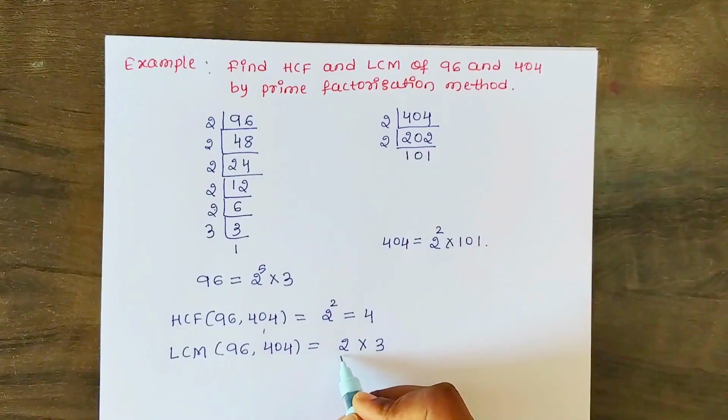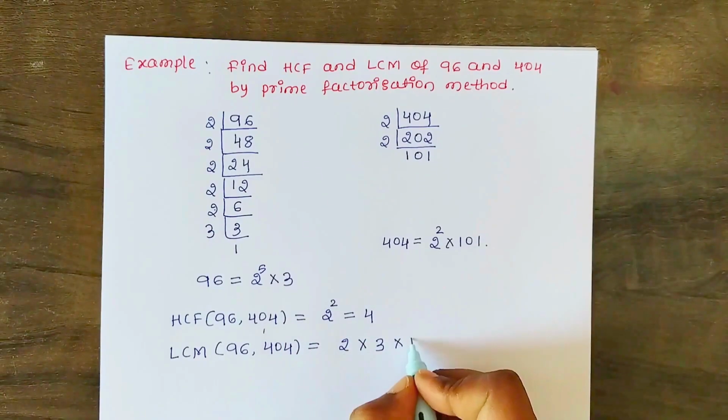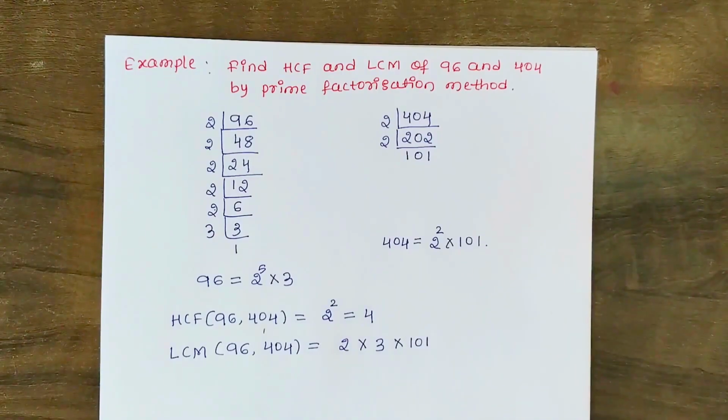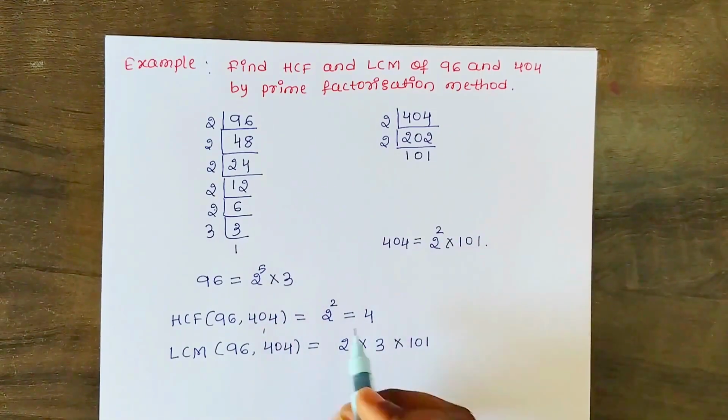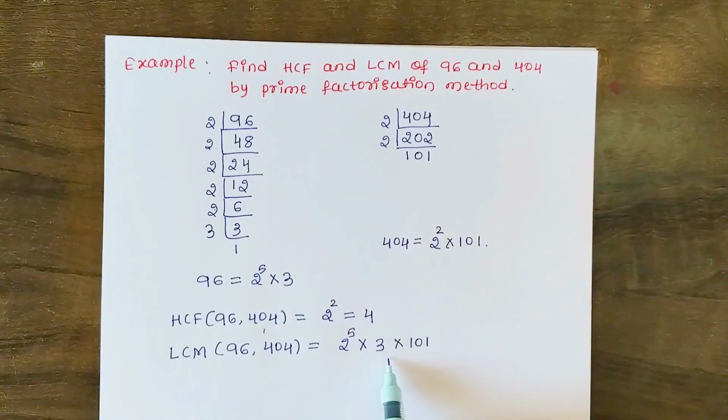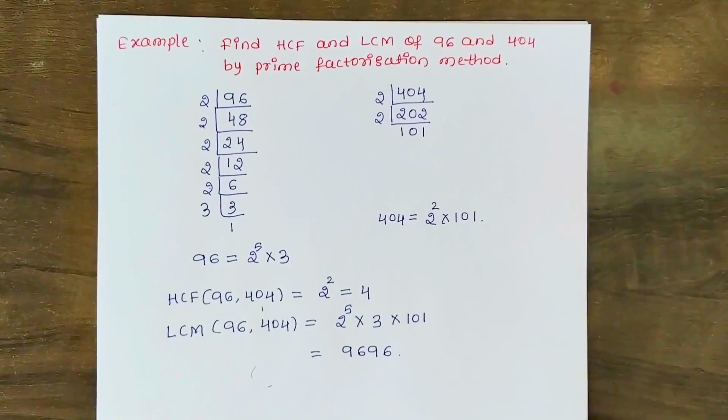We have already written 2, and the remaining one is what? 101. So what is the LCM? LCM uses the greatest power. Here we have 2 to the power 5 and 2 to the power 2. We have to consider 2 to the power 5. And we have only the 3, and 101. So the product of all the prime factors gives you this one. This is all about the HCF and LCM of the numbers.